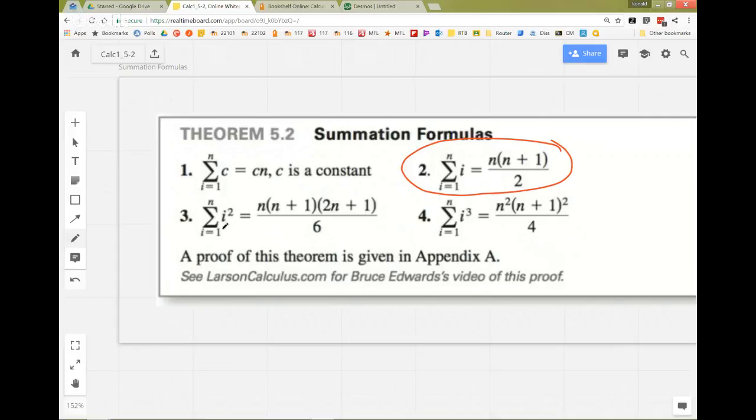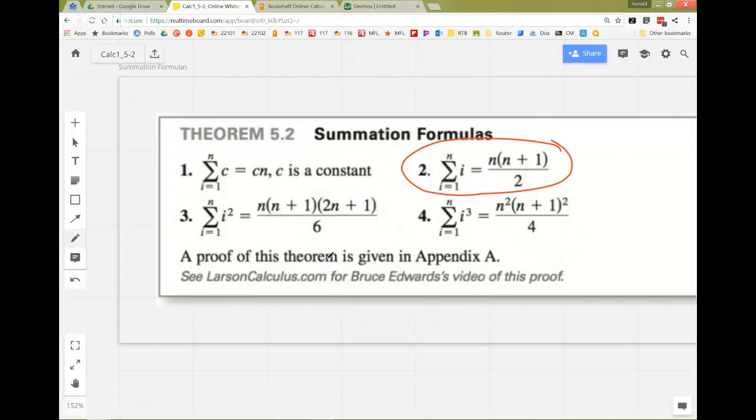If you want to add up squares from 1 to n, that is 1 squared plus 2 squared plus 3 squared plus 4 squared, etc., up to whatever n might be. Here is a formula for doing it.